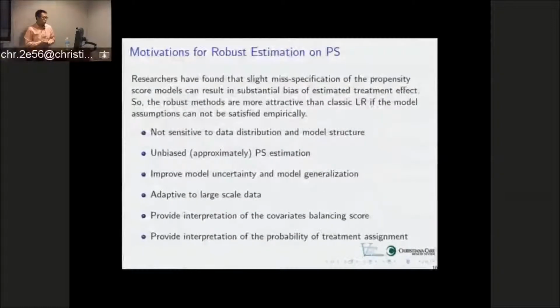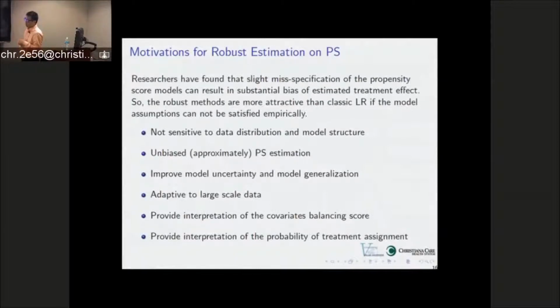So this is the motivation for robust estimation of the propensity score. Researchers have found that slight misspecification of the propensity score model can result in substantial bias in the estimated treatment effect. So robust methods are more attractive than classic logistic regression if the model assumptions cannot be satisfied empirically. It's easy to understand.